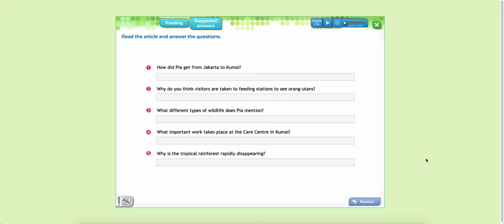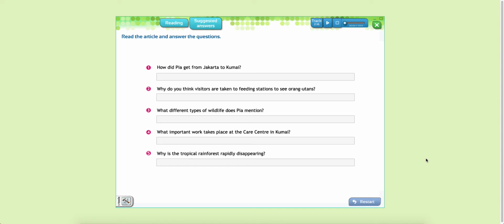Was Kumai super close to her home? I read you a part of the text that says that they traveled on the klotok of the second river. In day 2. Yeah, it has to do with that. Okay, that's part of the answer.